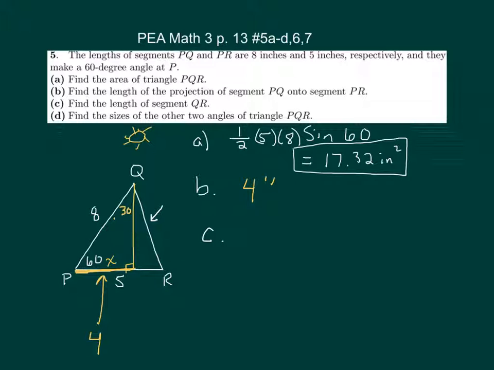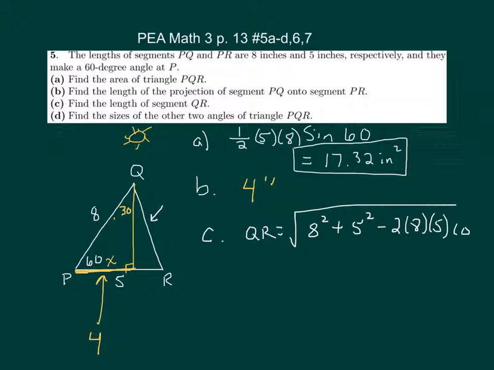So if we set that up, QR equals the square root of 8 squared plus 5 squared minus 2 times 8 times 5 times cosine 60.